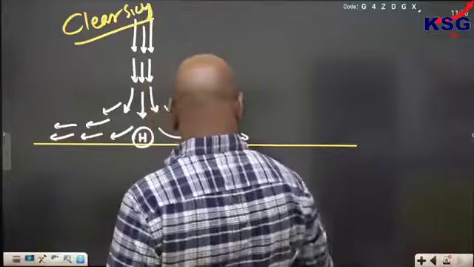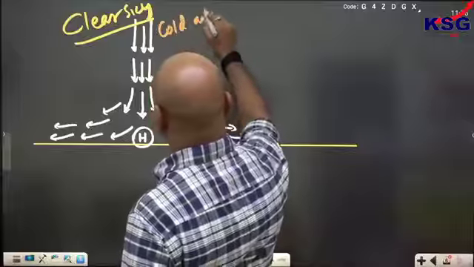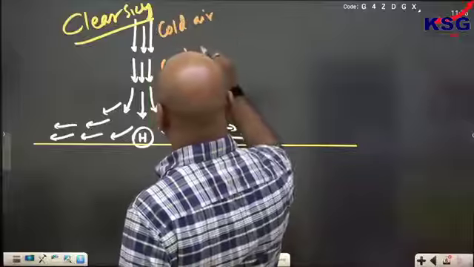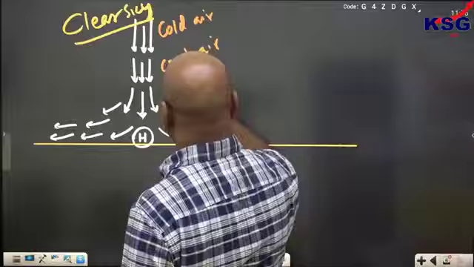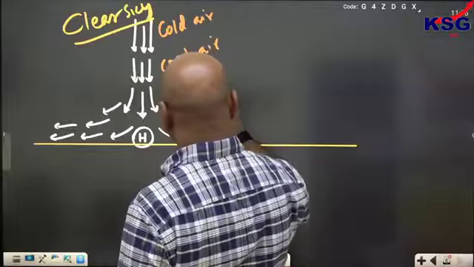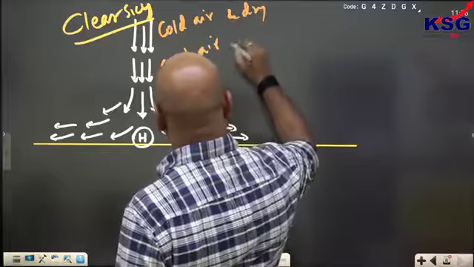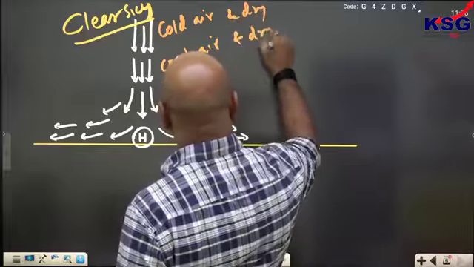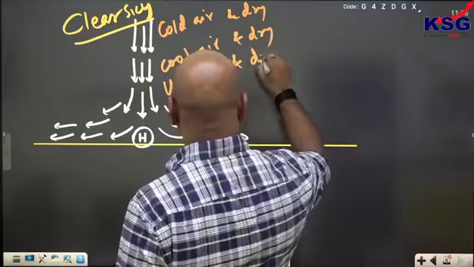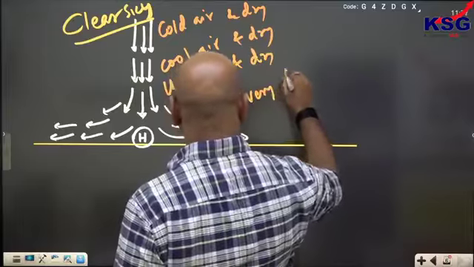This is the cold air becoming cool, then warm, hot, cool and dry, warm and dry, hot and very dry.